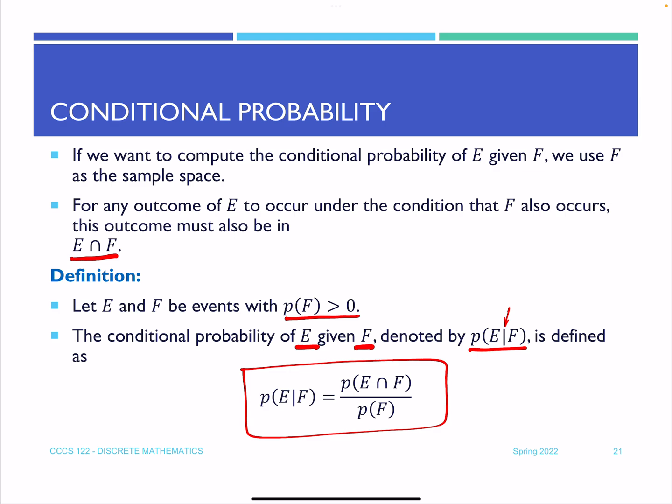You find the probability of event E intersecting with event F and divide by the probability of the conditional event, in this case F, whatever's on this side. Should also note that the probability of E given F is not the same as the probability of F given E. These are not the same things.